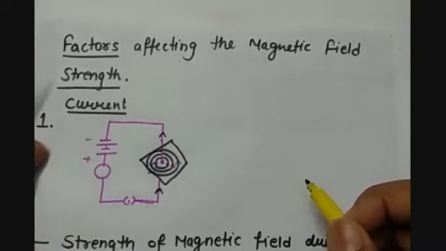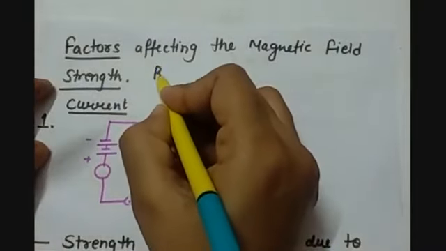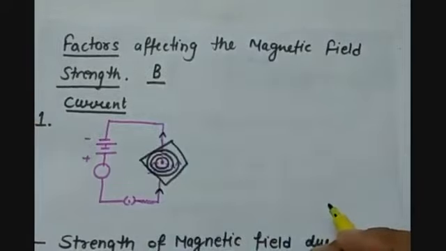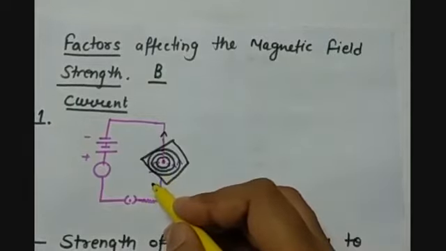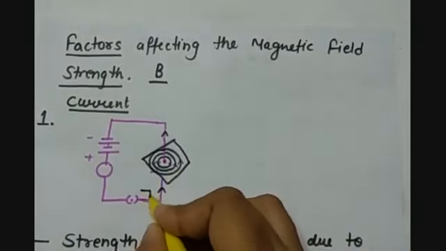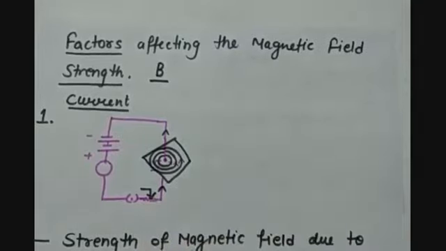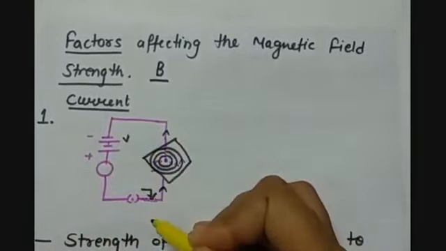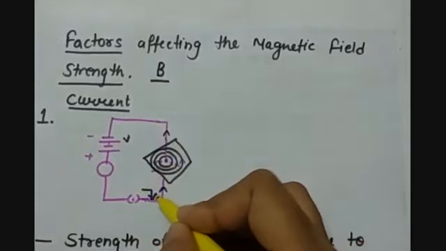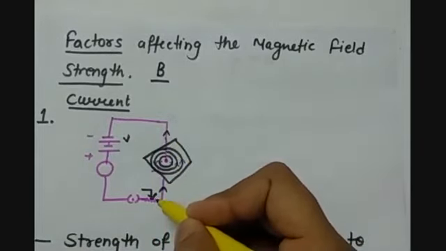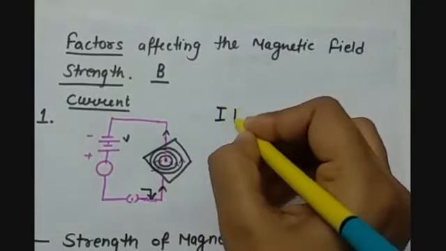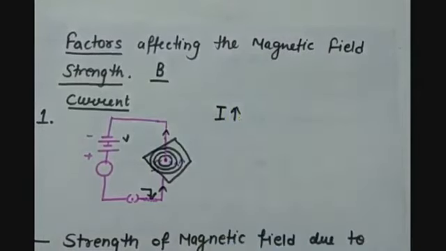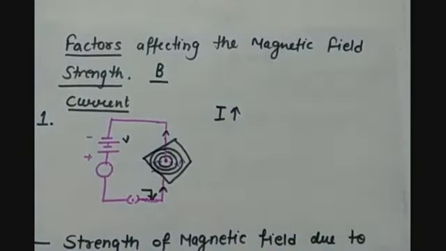Magnetic field strength is denoted by a capital B. As we know, when we increase the amount of current in the electrical circuit with the help of variable resistance, because here V is fixed and R can be adjusted to increase or decrease the value of current, then the magnetic field lines will be more, or you can say the strength of the magnetic field will increase.